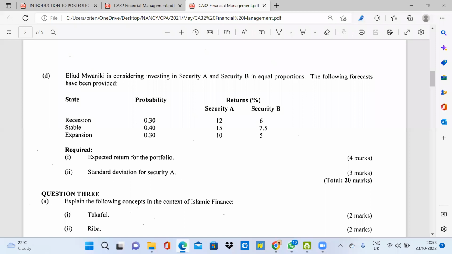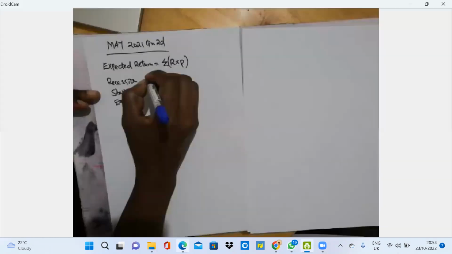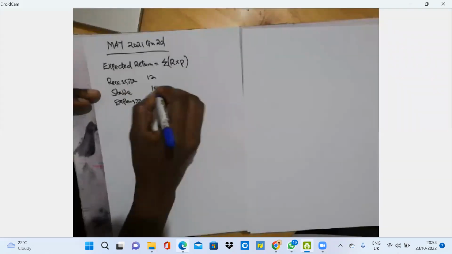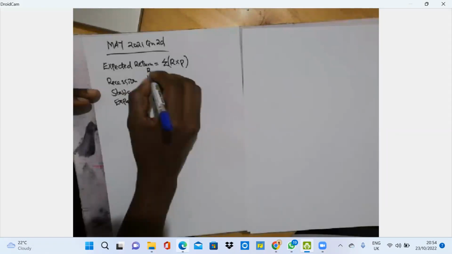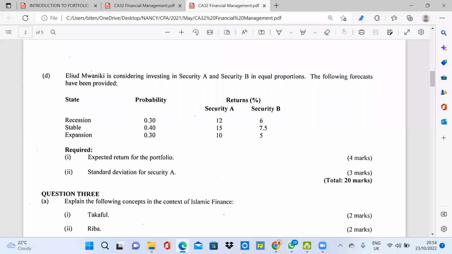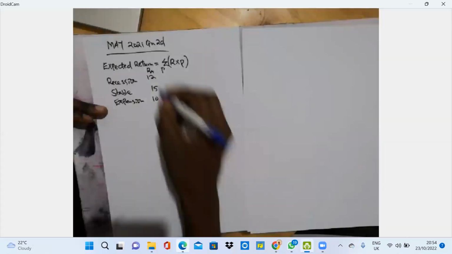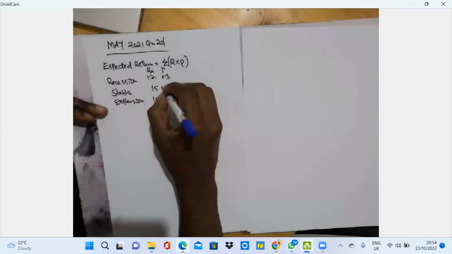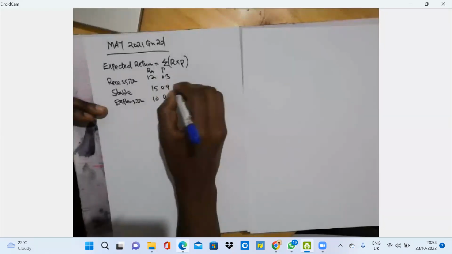We have recession, stable, expansion. Return of A is 12, 15, and 10. Probability 0.3, 0.4, 0.3.